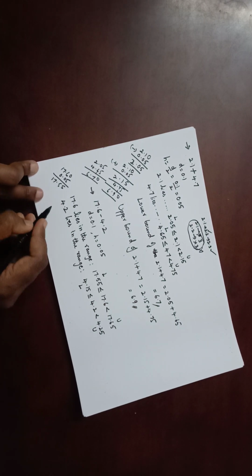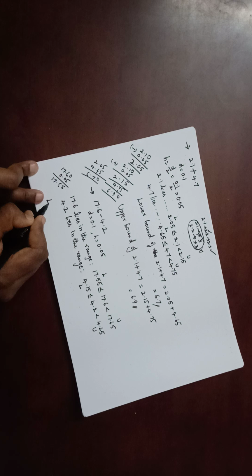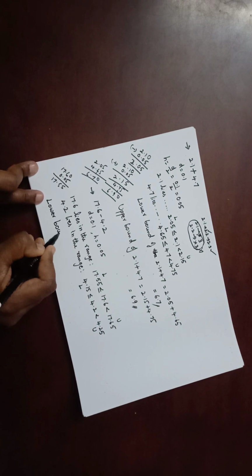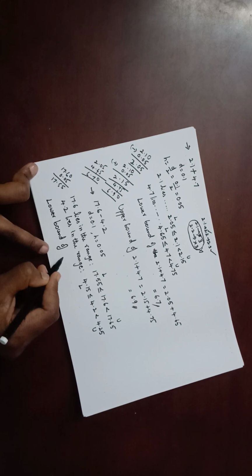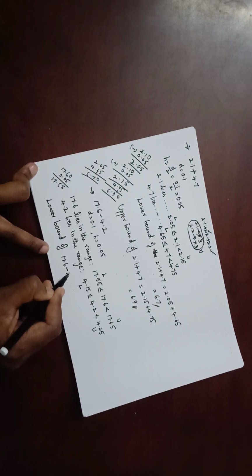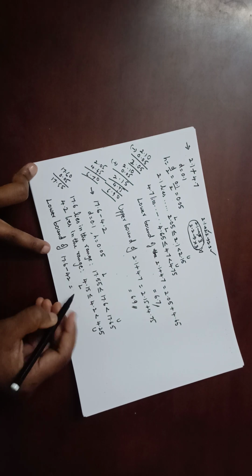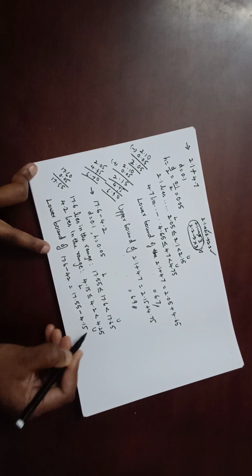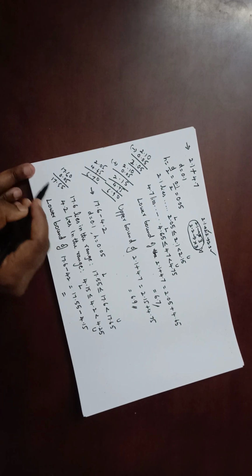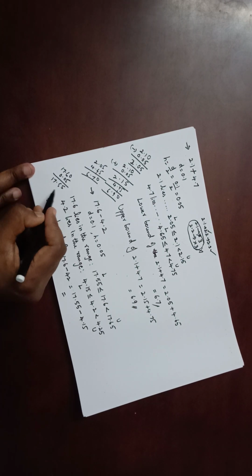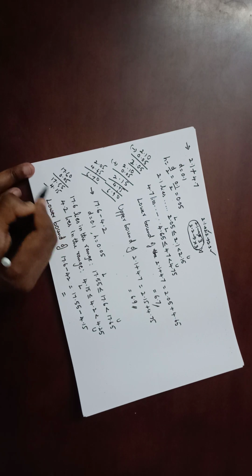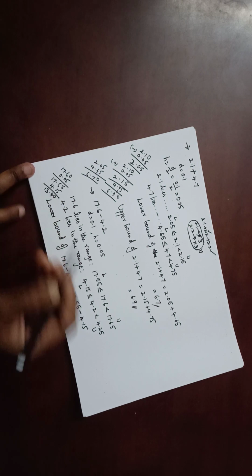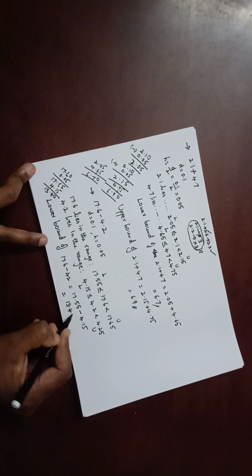Now find out the lower bound of the calculation. Lower bound of 17.6 minus 4.2: just take the lower bounds, 17.55 minus 4.15, which is 13.4.